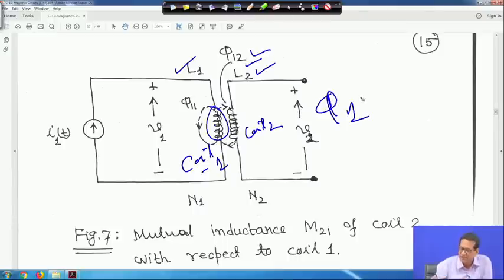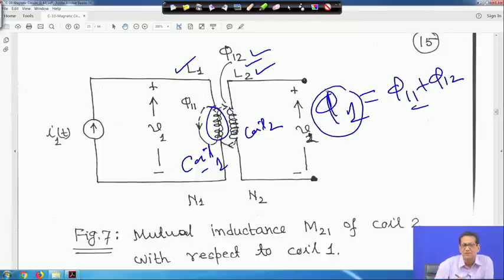So phi 1 is equal to phi 11 plus phi 12. What is actually happening? Phi 1 is the total flux that links coil 1, but phi 12 links coil 2. So phi 11 plus phi 12 links coil 1, and phi 12 only links coil 2.